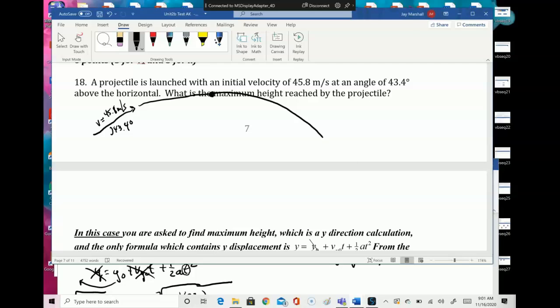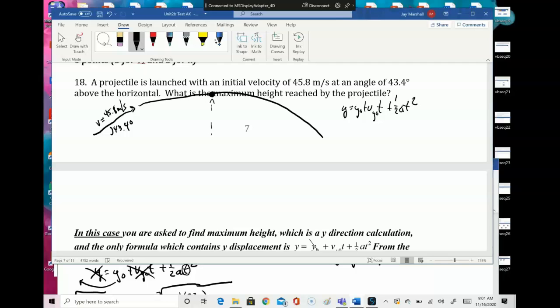I know this is a y thing, right? What's the maximum height? How high up does it go? And I know that I need to use y equals y0 plus vy0 times time plus 1/2 at squared.